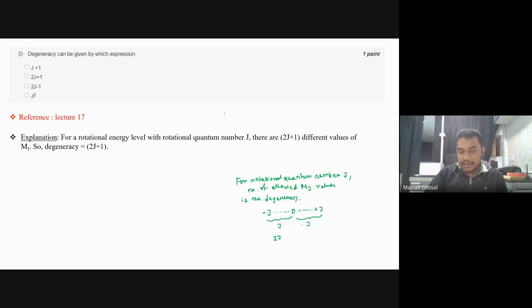And there is this small thing, 0, which will be another value. So this will be the degeneracy, given by 2J plus 1. So your answer should be 2J plus 1.